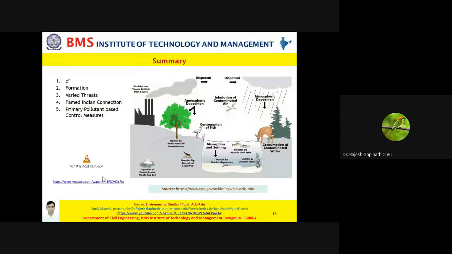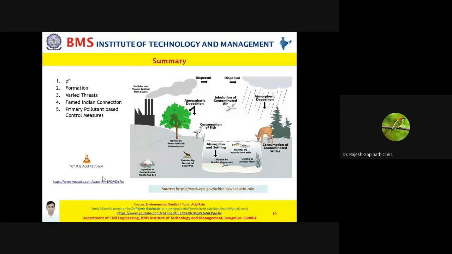Now, let's summarize. So what did we learn in the first presentation? We had a brief glimpse of what the pH scale is. Now, in the context of acid rain, we understood how it is formed, the connection of the primary pollutants and secondary pollutants. We also understood how harmful it is for the vegetation, for the soil fertility, for the building materials, for water bodies.